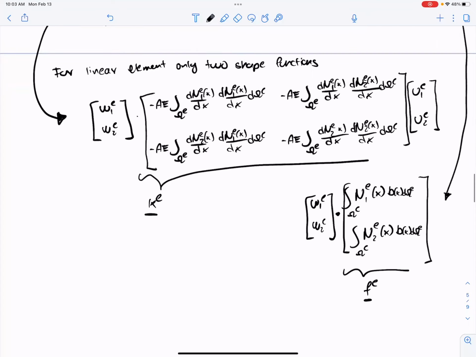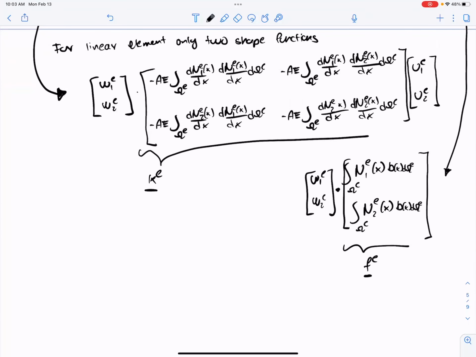So actually, I can tell you this, just believe me, but there's nothing unknown about that stiffness matrix. I mean, it looks ugly because you need to do these integrals and you need to take these derivatives, but we know all the information. We know the shape functions, we know the derivatives. We can always compute that integral.